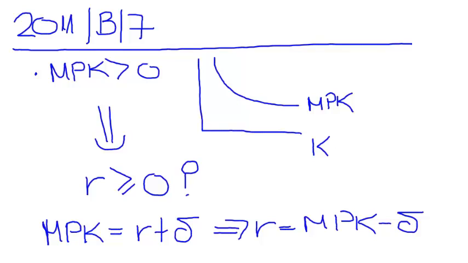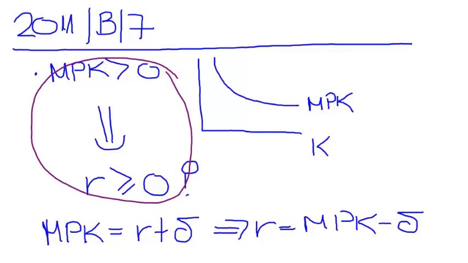And so from here you can already see that there's going to be a problem with this argument, because even though the marginal product of capital is always greater than zero, there's another term that's going to pin down the real interest rate, and that is the depreciation rate.